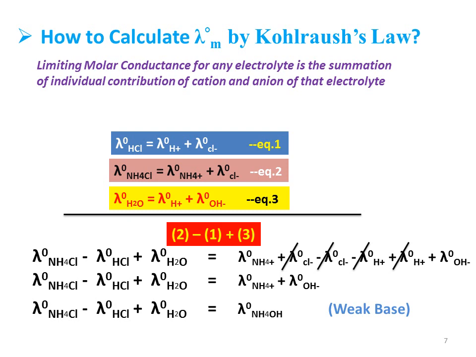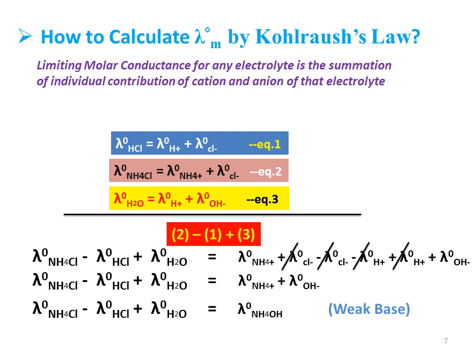Then common ions with opposite signs will be cancelled out, such that lambda naught chloride will be cancelled against lambda naught chloride, and lambda naught hydrogen ions will be cancelled against lambda naught hydrogen ions. Then below we have lambda naught ammonium chloride minus lambda naught HCl plus lambda naught water, which will be equal to lambda naught ammonium ions plus lambda naught hydroxyl ions.